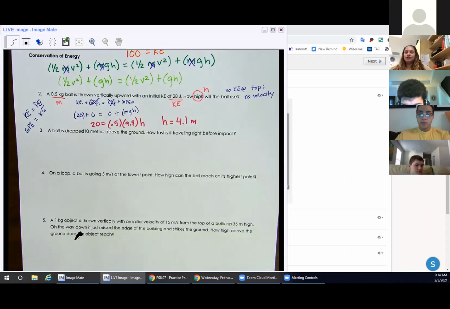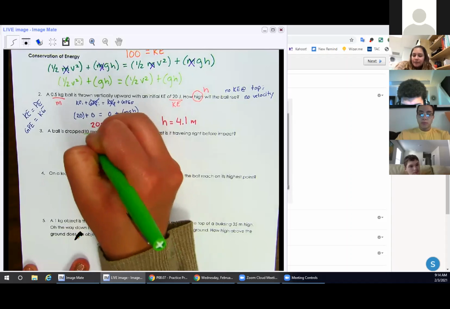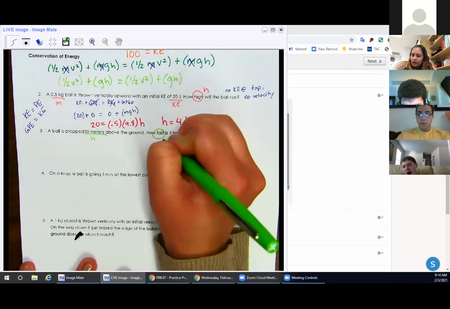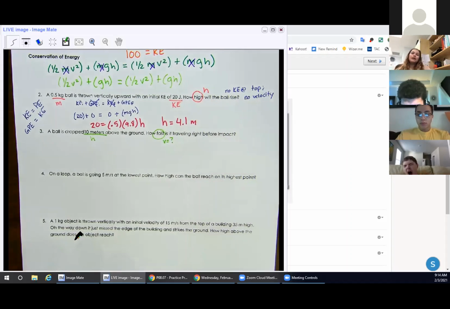A ball is dropped 10 meters above the ground, so we know that's our height. How fast is it traveling right before impact? So we're looking for our velocity. Same thing going on here. We know it's dropped from a height of 10 meters, so is that our initial height or our final height?